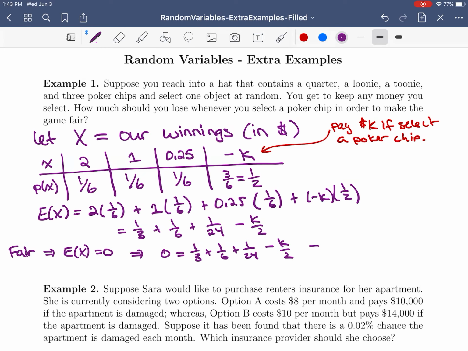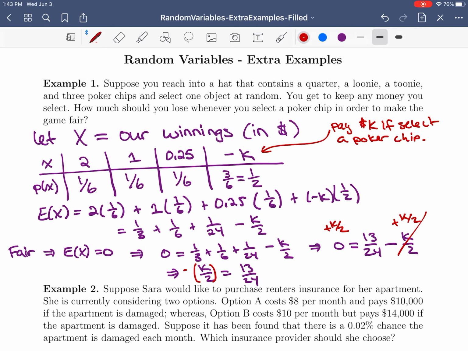So we want to solve for K. If I add up all these numbers, I think I get 13 over 24. So K over 2 should be equal to 13 over 24. That's if I add K over 2 to both sides, so that it disappears on that side.